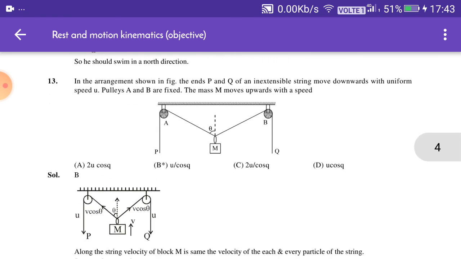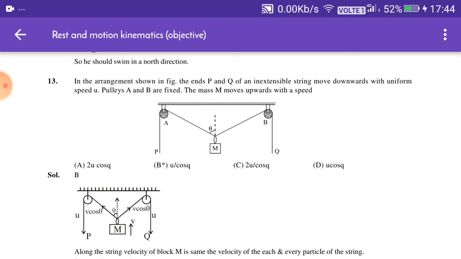Next, this arrangement of the pulley as shown in this figure, with P and Q of an inextensible string moving downward with uniform speed u. The pulleys A and B are fixed. The mass M moves upward with a speed v.